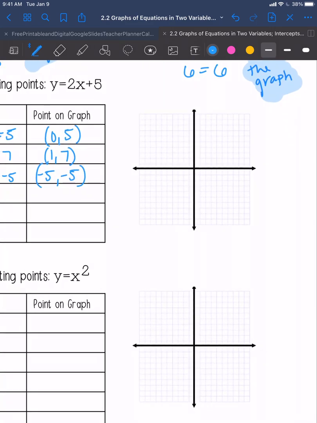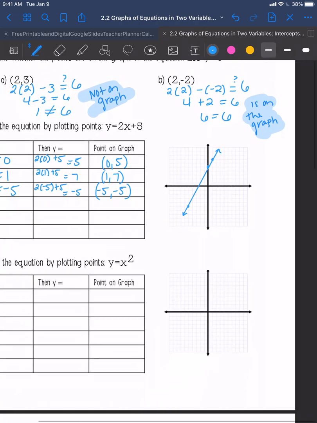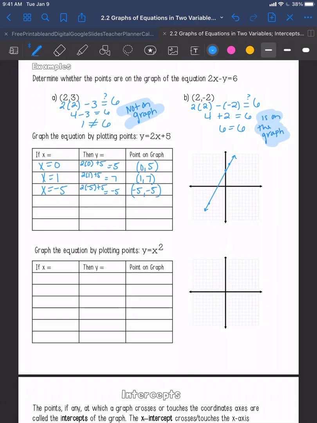So (0, 5), (1, 7), and (-5, -5). And then you can connect those to make a straight line. And we said that one was linear.